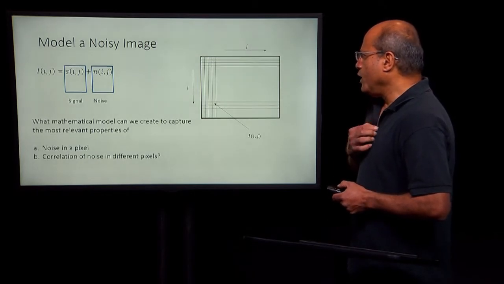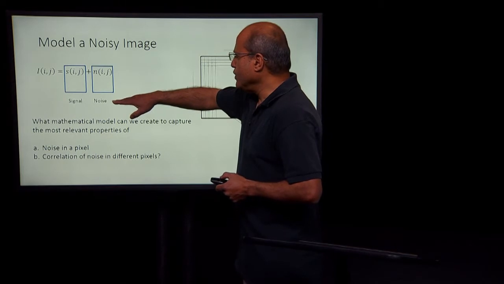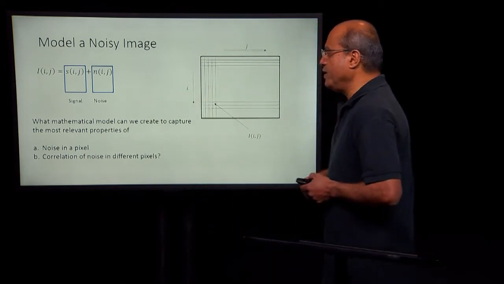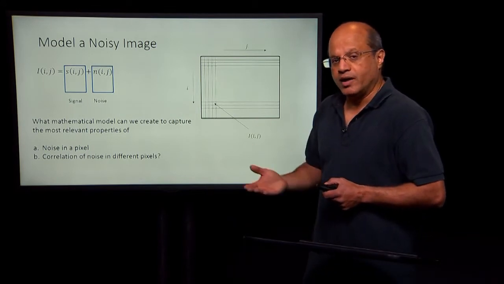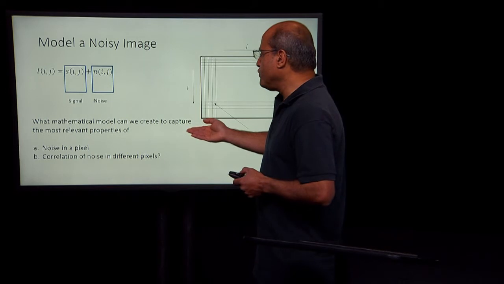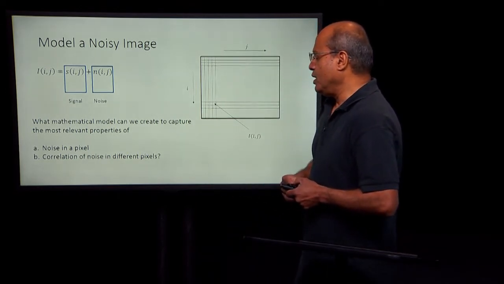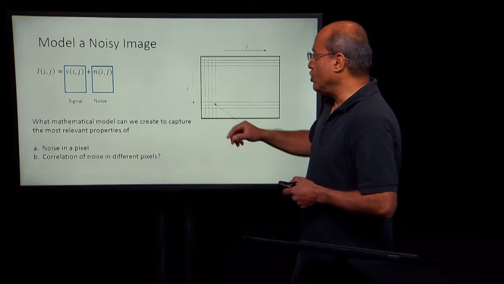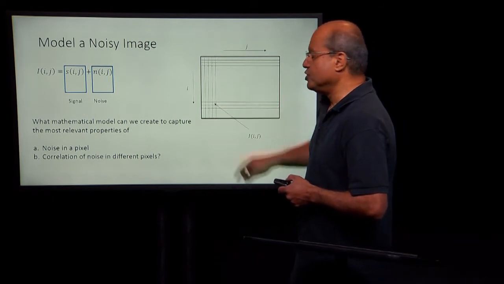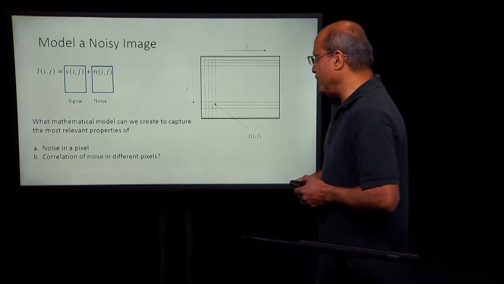We want to ask, if we model this noisy part, the part that changes from experiment to experiment, as a random number, what kind of simple model can we create for it that's going to capture most of the relevant properties of noise in a single pixel and the correlation of noise in two pixels? That's the model that we're interested in developing.